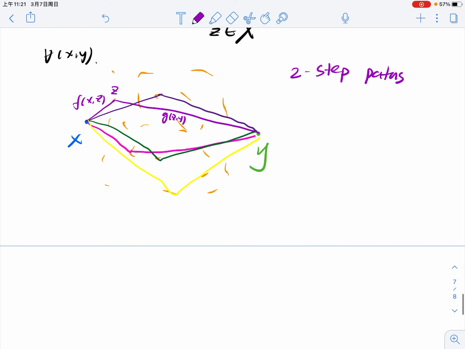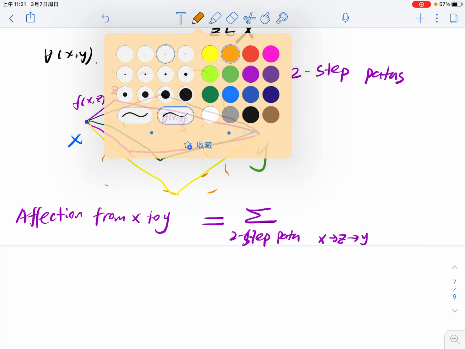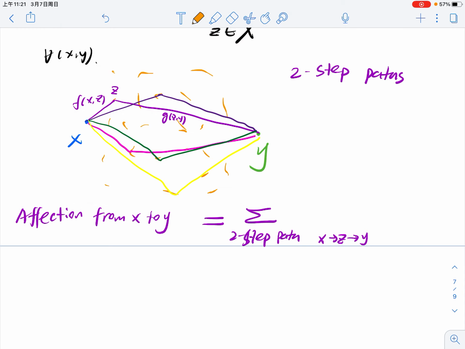Okay, so the artificial explanation is like the following. The affection from x to y equals the summation over all two-step paths x to z to y, and for the first half of the path, you have f(x,z).